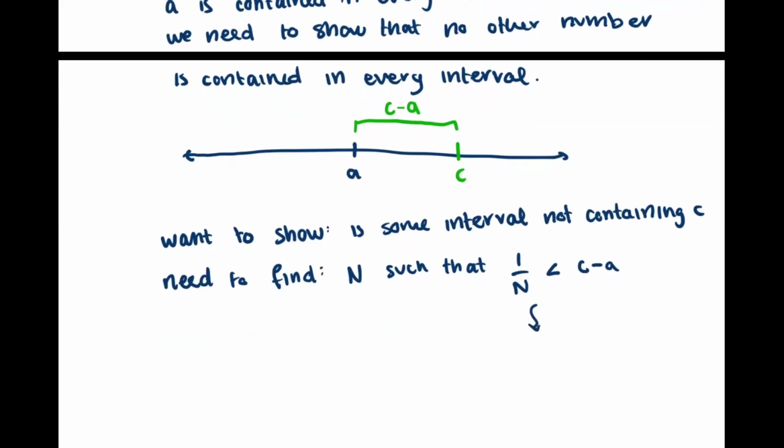What I'm looking for is a number n that's bigger than 1 over C minus A. Does that number exist?